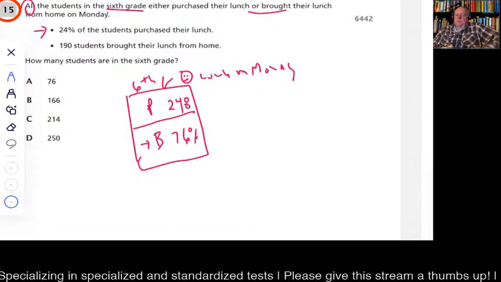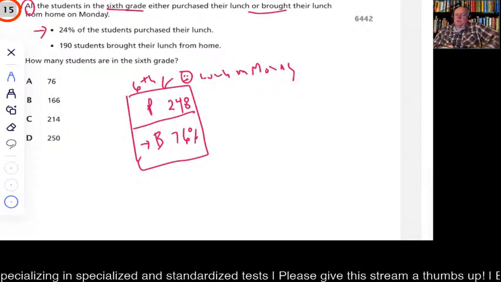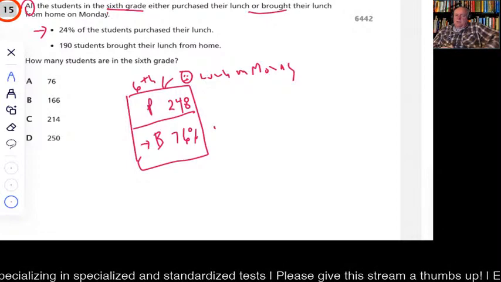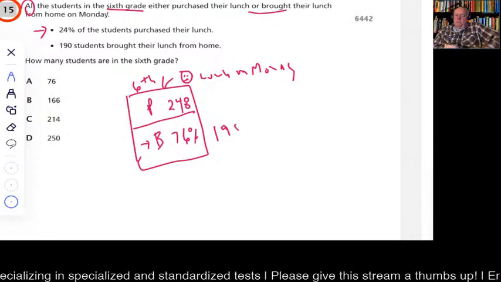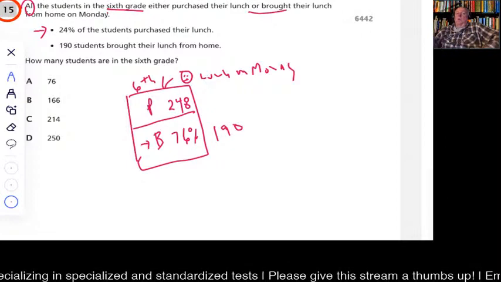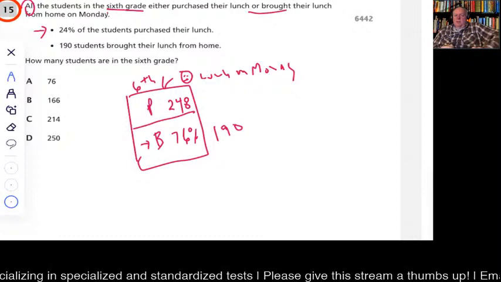Okay? Now it's telling us 190 students brought their lunch from home. That's here, 190. How many students are in the 6th grade? Whoa. So this is the point where it blows everybody's minds. Okay?